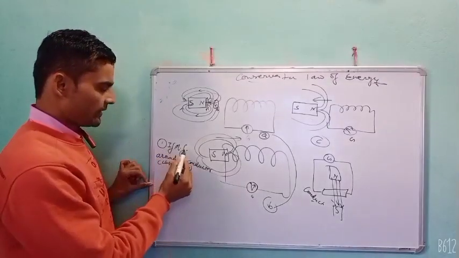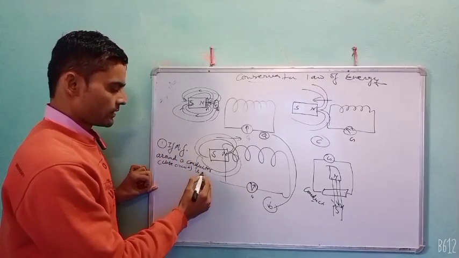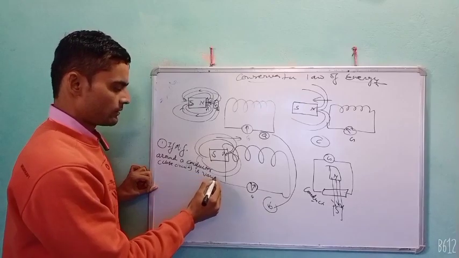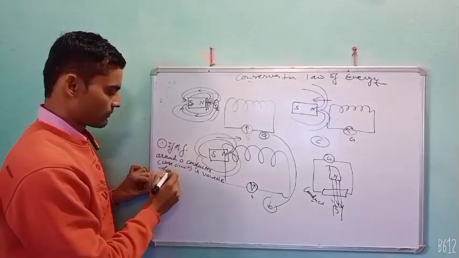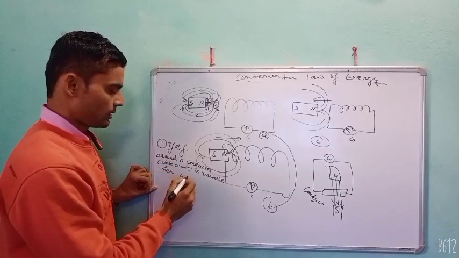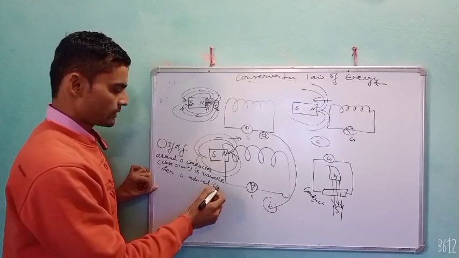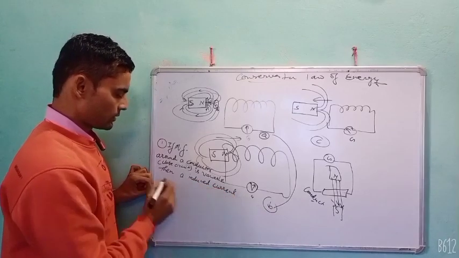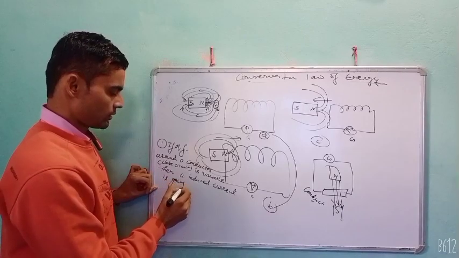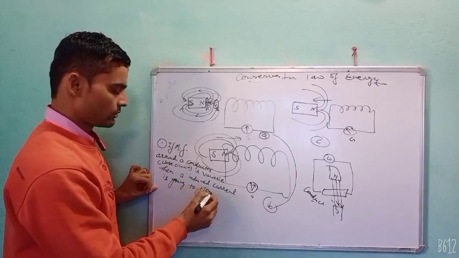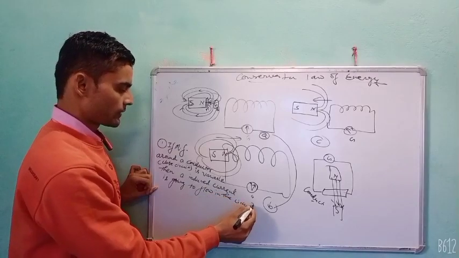So if the magnetic field around a conductor is variable or changing, then an induced current is going to flow in the circuit.